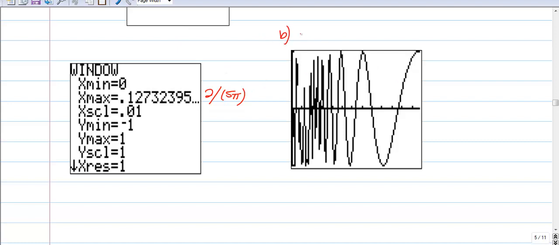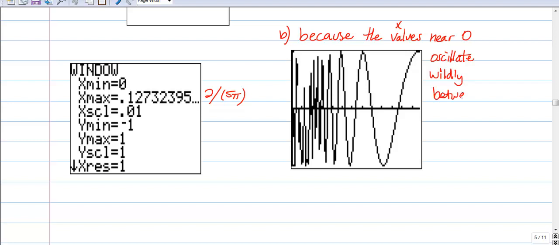It's because the x values near 0 oscillate wildly between negative 1 and 1.